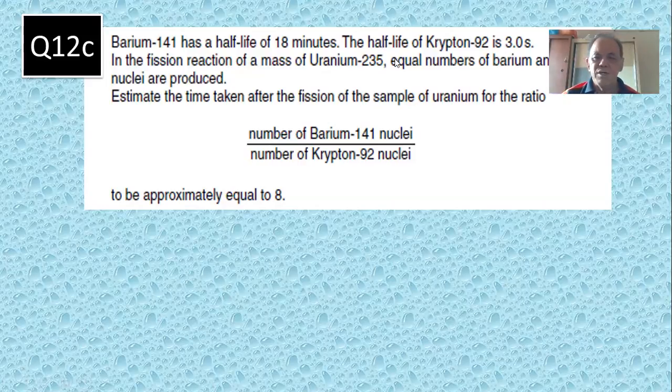Estimate the time taken after the fission of the sample of uranium for the ratio of the number of barium-141 nuclei divided by the number of krypton-92 nuclei to be approximately equal to 8. The time for that ratio to become 8.